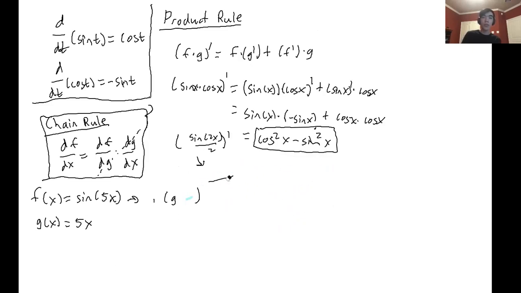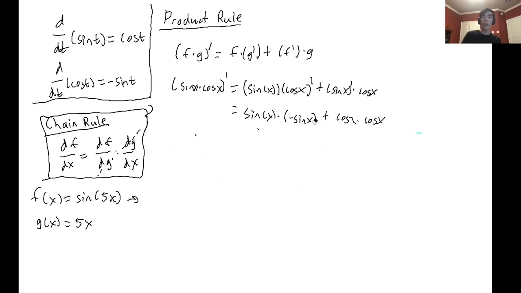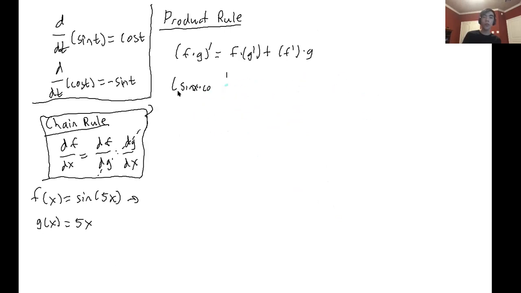So the last rule is quotient rule. I actually find quotient rule to be not as important to remember because you can derive quotient rule through product rule and chain rule. But I'm still going to write it out so you can remember it. I'm not going to prove it.